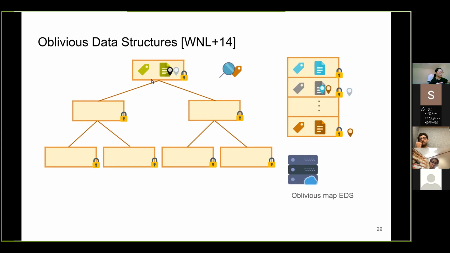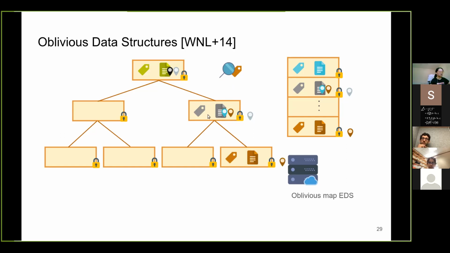If it's smaller, we will go to the left path. So here we find that the brown tag is larger than the green tag, so we'll go to the right path. And then we will find the right position tag and retrieve it from the server side. This is a block associated with the silver position tag, which is decrypted by the client, and the client keeps comparing the brown tag with the silver tag.